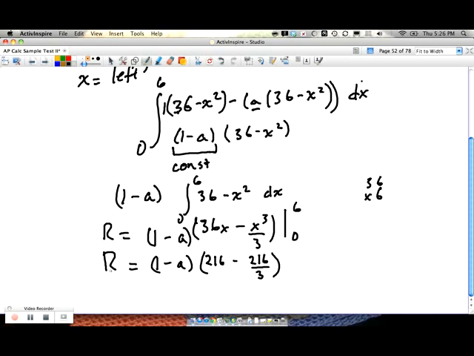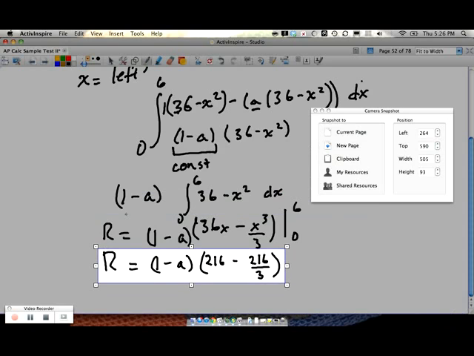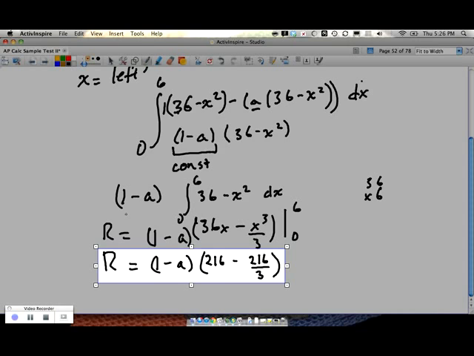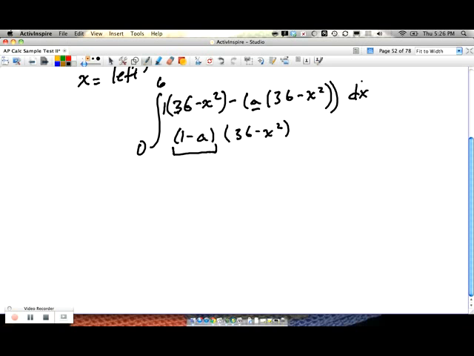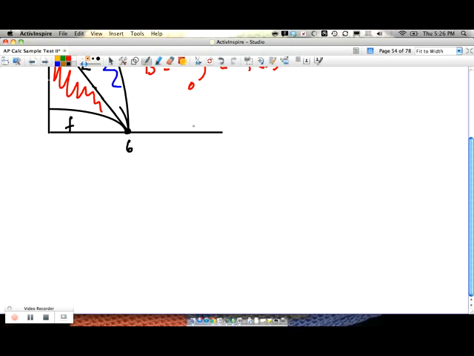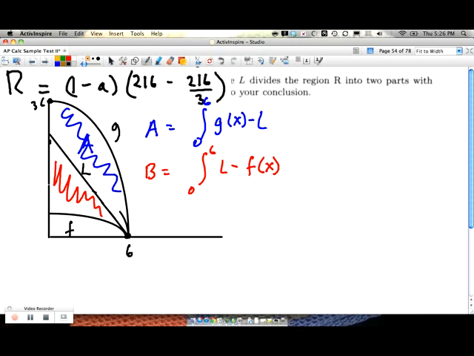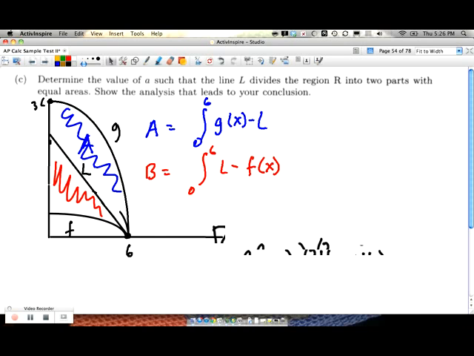So if we want to split this in half, we're going to divide it by 2. We're just going to multiply this whole thing by a half. So let's go ahead and take a picture of that. Paste it on this page. Probably up here near the top. Okay, so this is our original region.